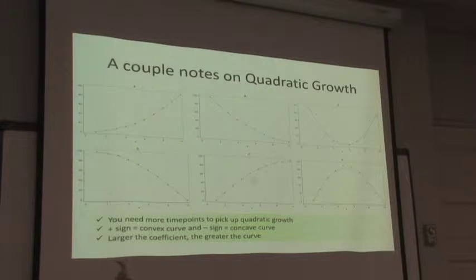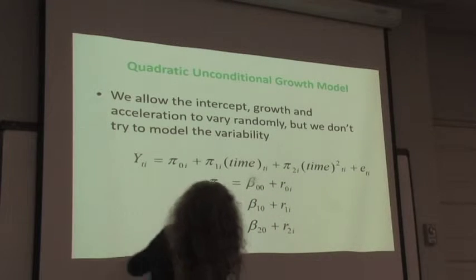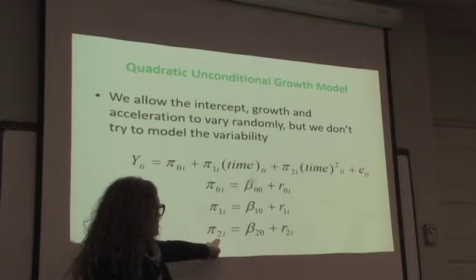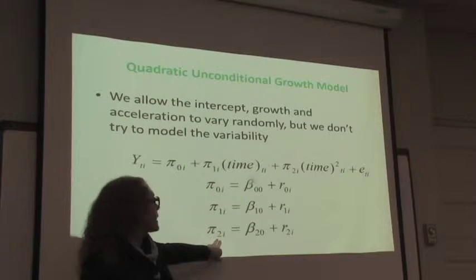Another thing to keep in mind is that a positive sign is a convex curve and a negative sign is a concave curve, and the larger the coefficient, the stronger the curve. Those are just a couple comments. This now illustrates that we've added the prediction of the quadratic slope, okay?